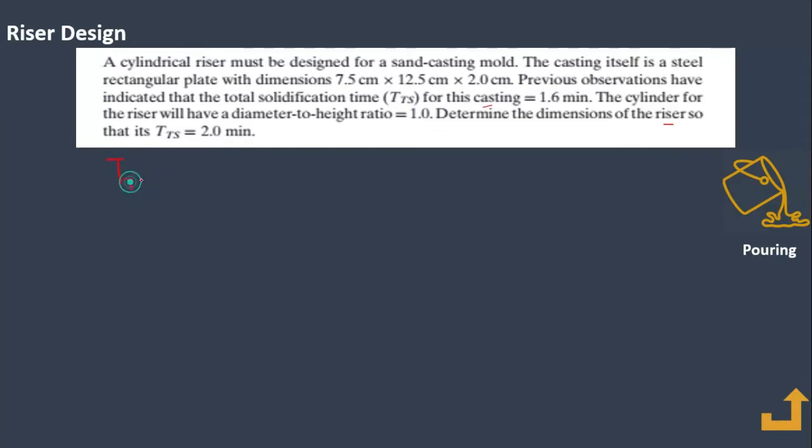That was time required for solidification equals mold constant into volume by surface area to the exponent n, where V was the volume of the cast product, you can say volume of the mold cavity, and surface area A is the surface area of the mold cavity.